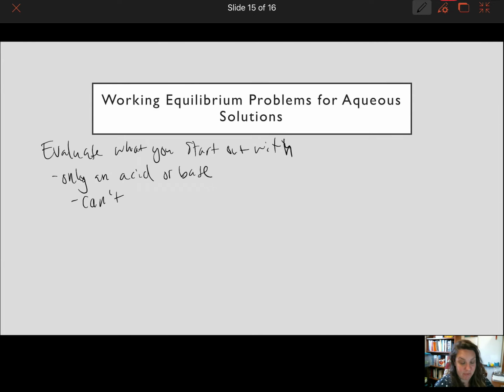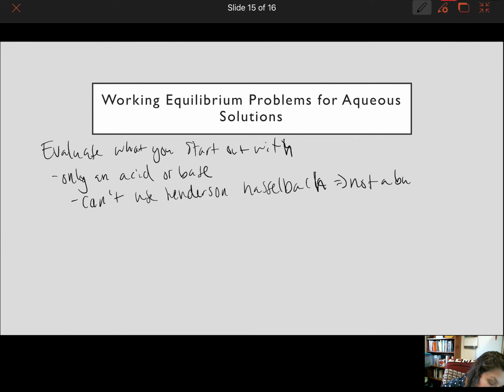Because this is not considered a buffer. It's a common thing. Once people learn about buffers, they're like, oh, I want to use it for everything. But you can only use your Henderson-Hasselbalch if you have a buffer solution, so a weak acid in its conjugate base or a weak base in its conjugate acid. If you only have a weak acid or a weak base, or a strong acid or a strong base, you need to use your normal means of determining hydronium and hydroxide concentration.